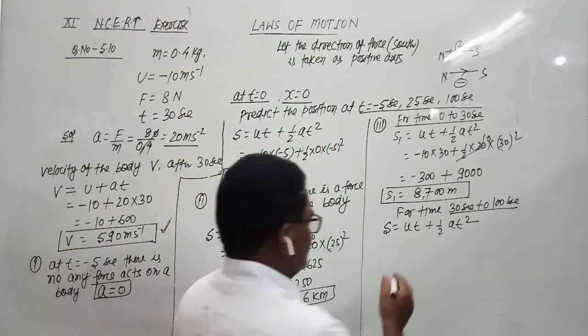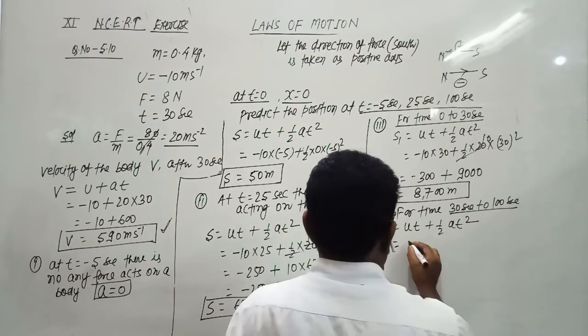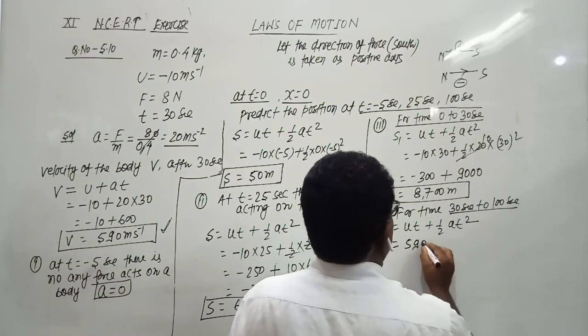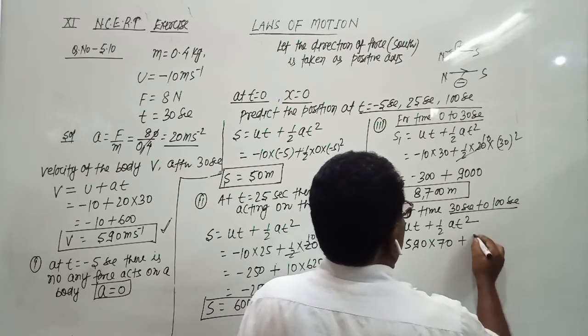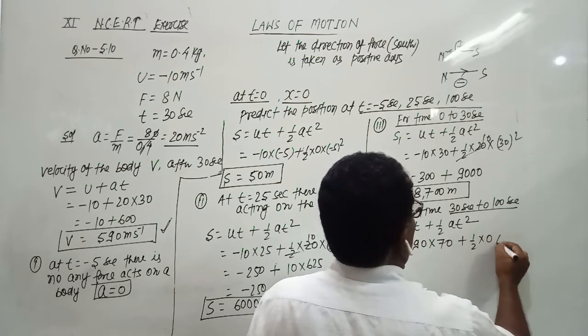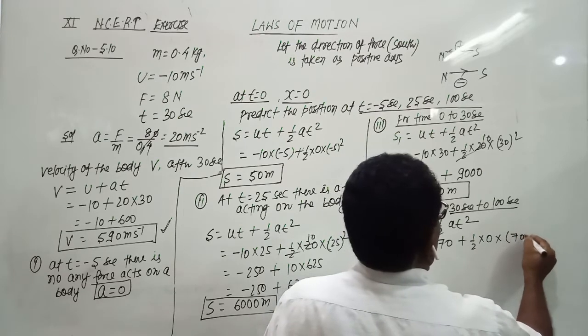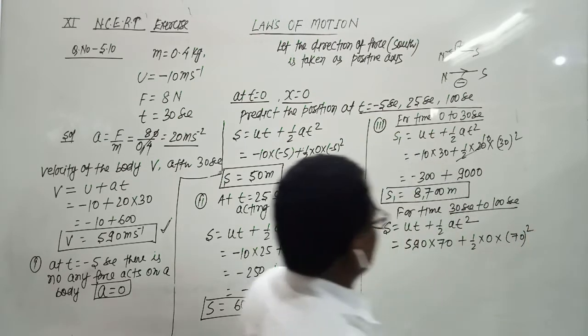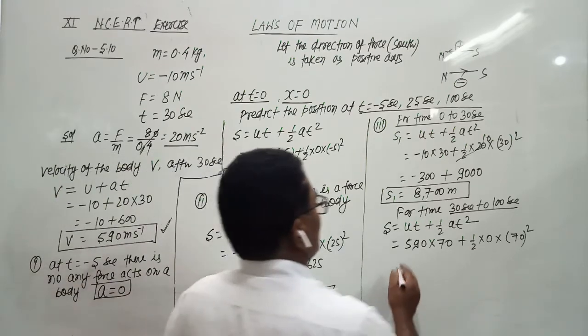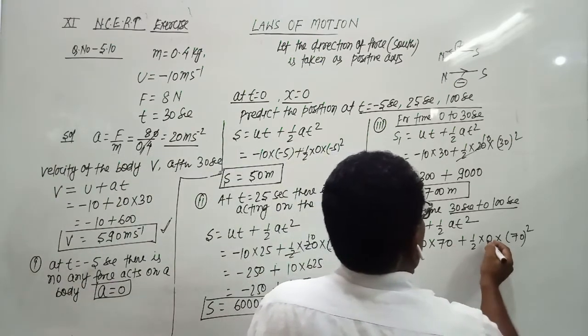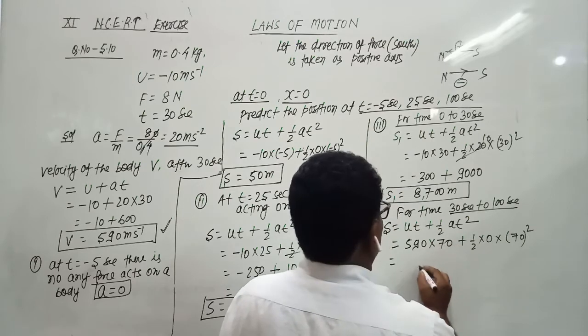Time t is 70 and half acceleration is 0 because after 30 seconds there is no acceleration acting on the body. So this whole term becomes 0.